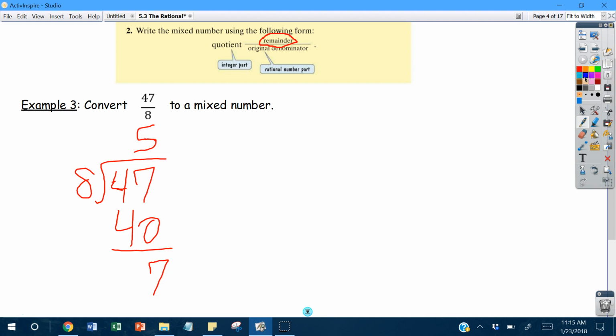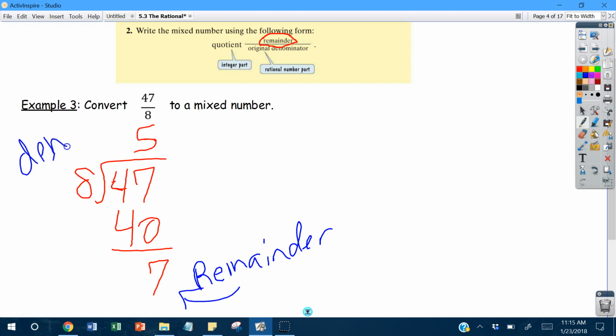We've got the remainder down here, the 7. We've got the original denominator, I'll just abbreviate that, denominator, this 8. And then we've got the quotient up here, this 5. So 8 goes into 47 5 times with a remainder of 7.